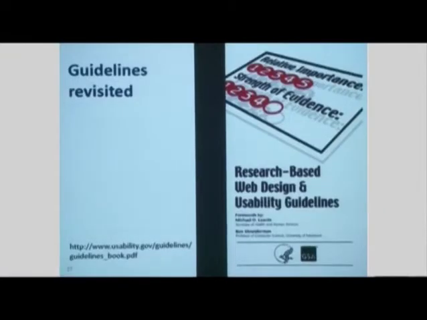I just returned to the guidelines at this point because I've criticised guidelines for perhaps not being based on evidence or saying things that might not be backed up by evidence. But there are guidelines that are based on evidence, and I show you this one because the evidence includes my own research.